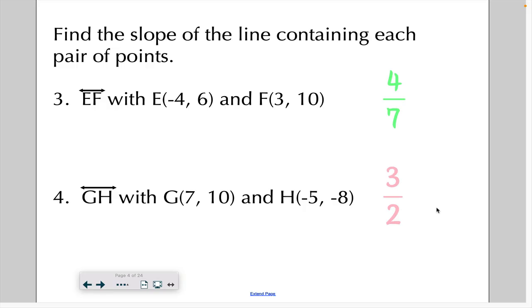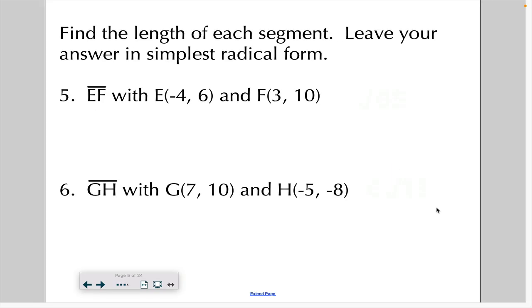How did our slopes go? 4/7 and 3/2, or 1.5? Yes, good. We're not relearning slope. Nobody here is interested in that. Hopefully somebody remembers how to do distance formula. Not yet. Somebody should know it.